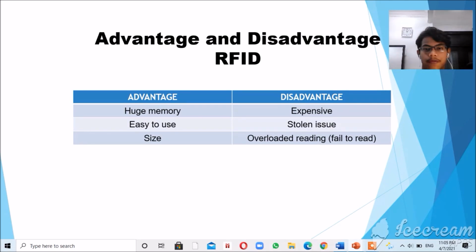For example, if a car has an RFID tag and the car gets stolen, the thief can use the RFID tag to pass through the toll plaza, because the car has an RFID tag and the machine will sense the RFID and let the gate open. So the RFID cannot detect who is the owner of the RFID tag. So that is the stolen issue for the disadvantages.